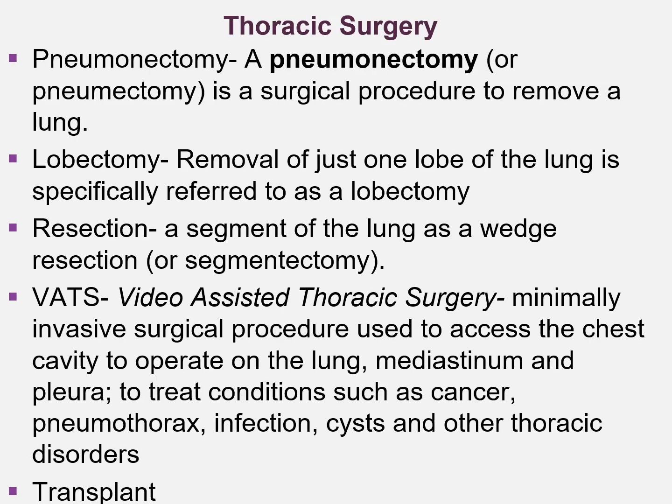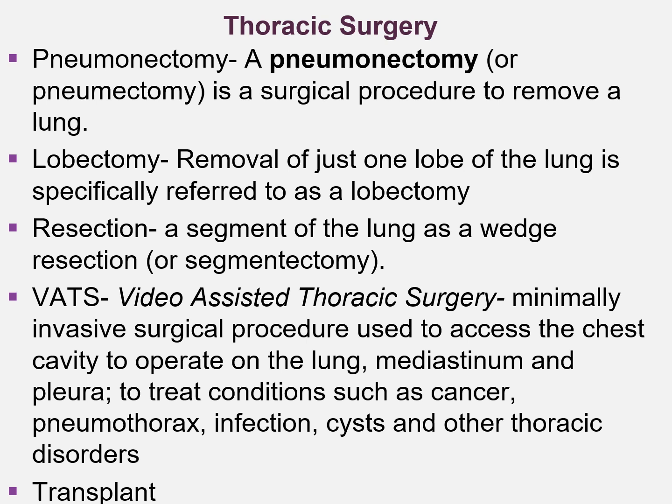So the pneumonectomy is the surgical procedure to remove a lung. The lobectomy is removal of just one lobe of the lung, and it's specifically referred to as a lobectomy. A resection is where we remove a segment of the lung as a wedge resection or a segmentectomy.